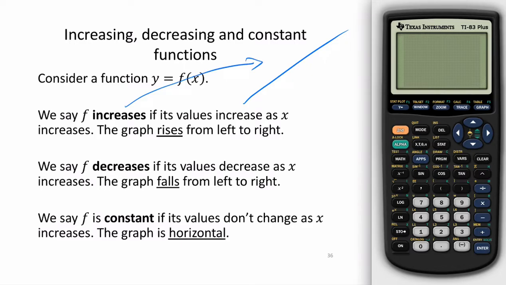A graph decreases if the graph falls from left to right, if the function values decrease as x increases. So this would be a decreasing function. As we're moving from left to right, we're going downhill. And finally, a function is constant if its function values don't change as x increases. So in other words, the graph is horizontal, like that.